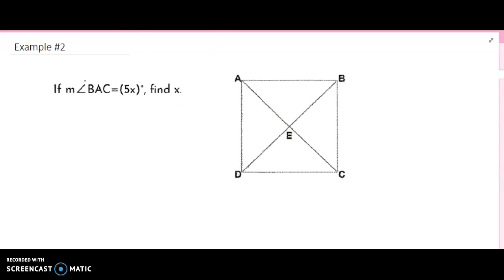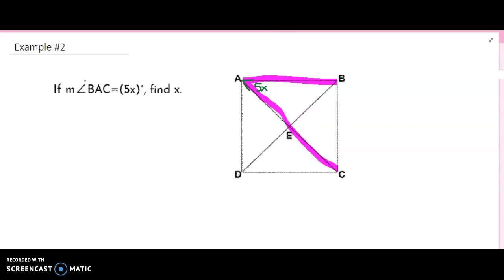All right, so let's look at example 2 now. Example 2 says, if the measure of angle BAC is 5x, okay, so I'm going to label it 5x. We're talking about this angle right here. Find x. All right, so let's use what we know about squares or what we know about rectangles and rhombuses.